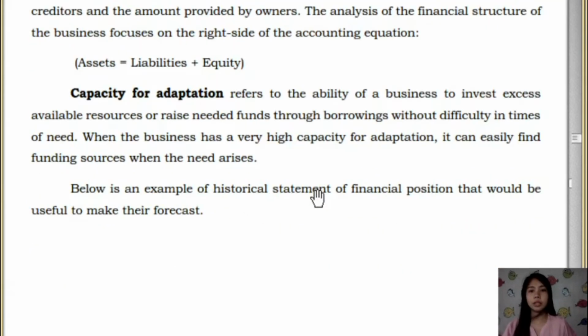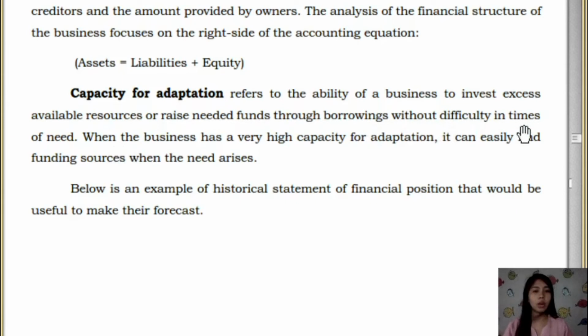Next, capacity for adaptation. So ability of the business to invest excess available resources or raise needed funds through borrowings without difficulty in times of need. Let's say, for example, you need to produce another set of machinery or equipments. So how would you raise resources? Easily. Okay? Without difficulty daw po.